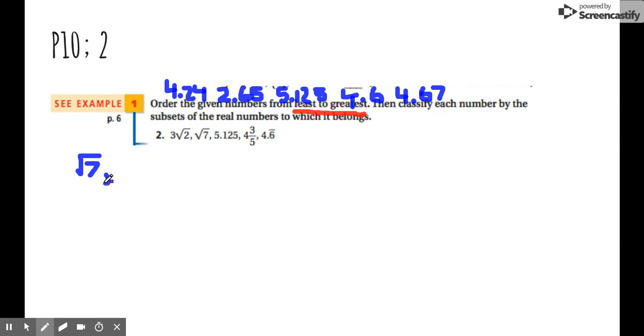So you want to make sure you're writing them in their original form. The next one would be 4.24, which is 3 root 2. The next one then would be 4.6, which is 4 3/5.